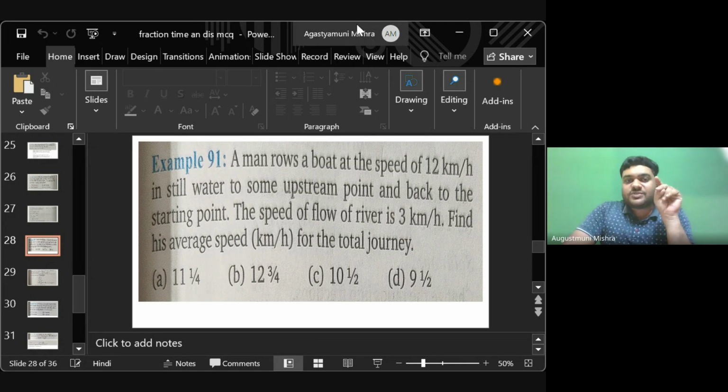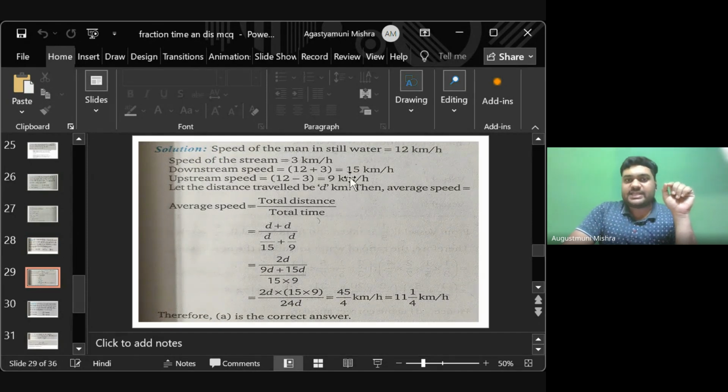So when you mix both of these things, the speed of the boat in still water is 12, and the speed of river water is 3, then you are going to get 15. But in the other case, because this is a different situation, ma'am, that's why I'm telling you.